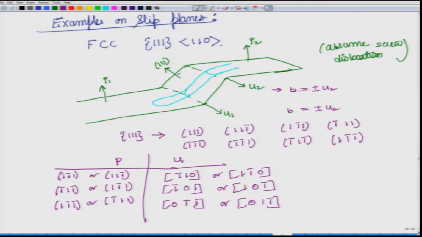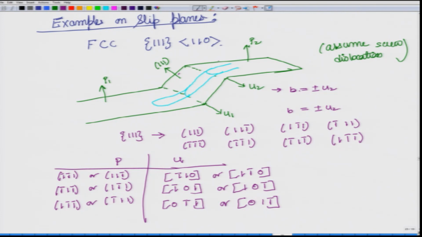Now, for each corresponding plane we have found one u direction. Similarly, for each P there will be one u direction, and it will not be anything outside this. So, what we are saying is that P1 and U1 are related, and P2 and U2 are related. Both of them can be the same, or both can be different.